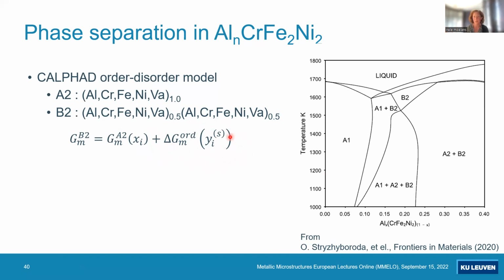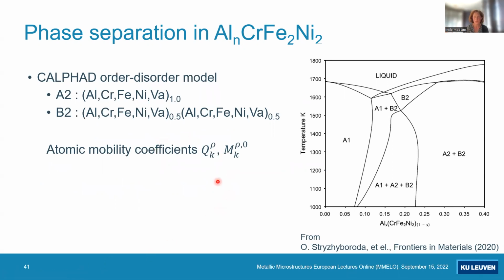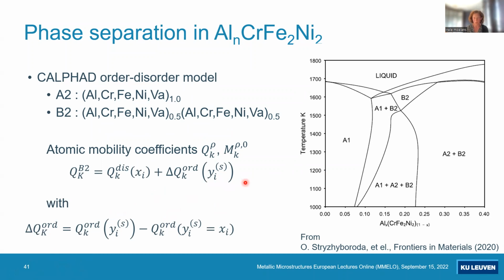And so here we have this problem because we don't know them based on the information that we get from the phase field simulations. Also for the atomic mobilities here, an order-disorder model was used. So again, we need sublattice fractions to evaluate the atomic mobilities in our phase field model.